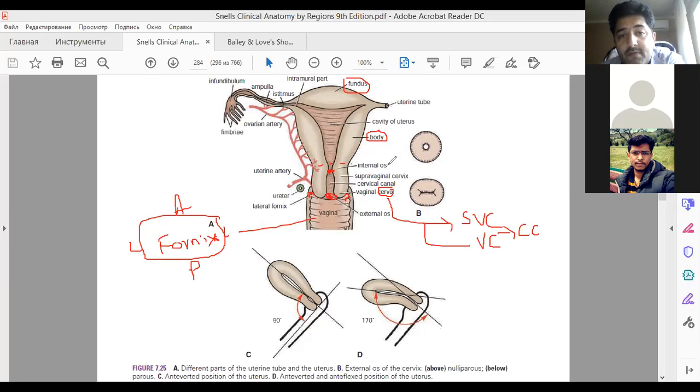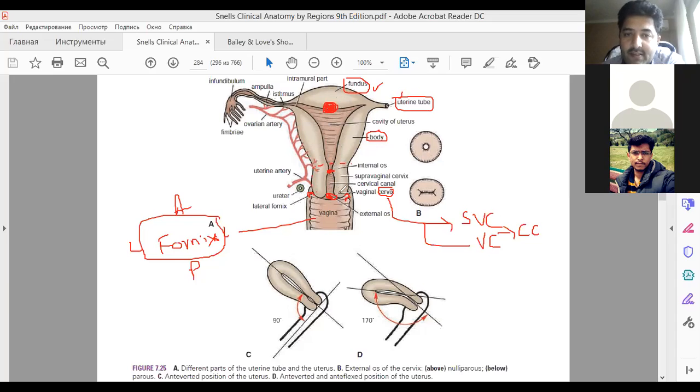Now, the fundus is the part of the uterus which is present above the uterine tubes, and mostly implantation occurs here in the fundus. I already explained this part to you.